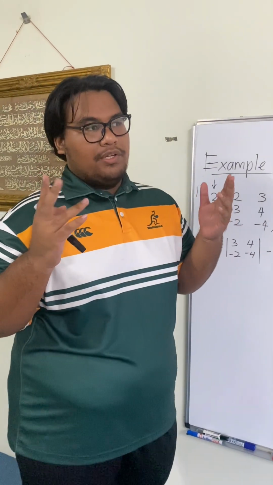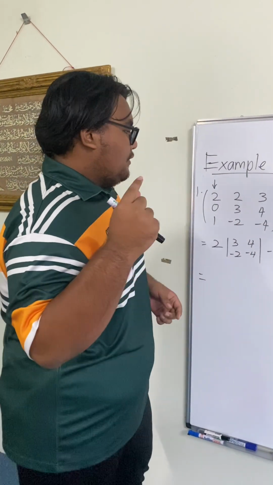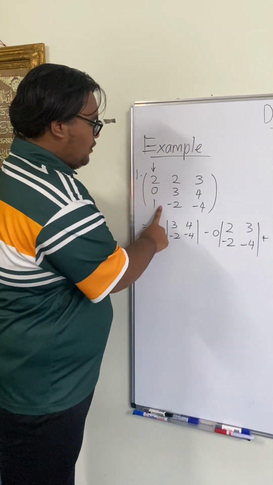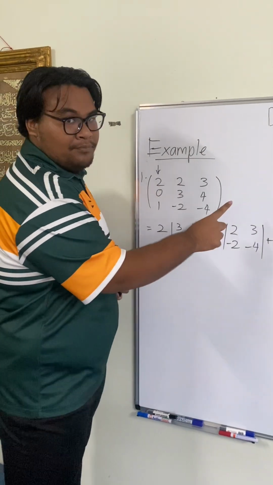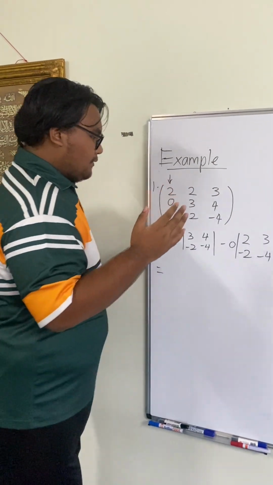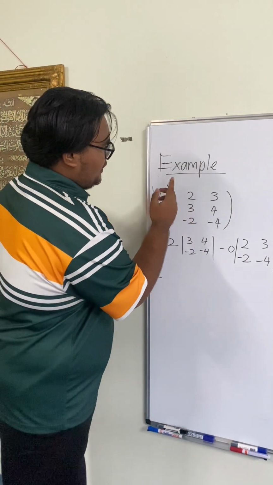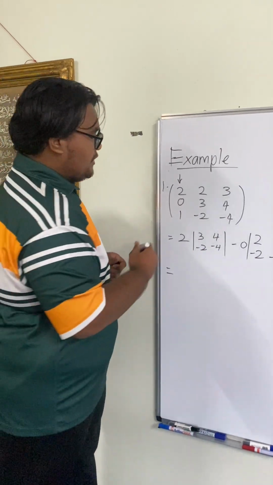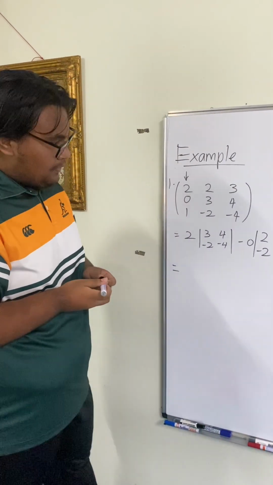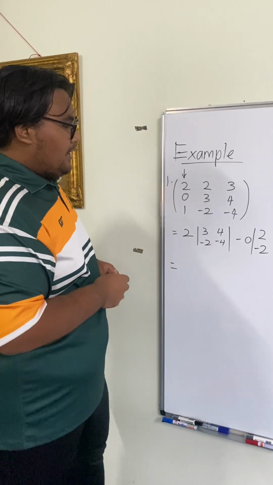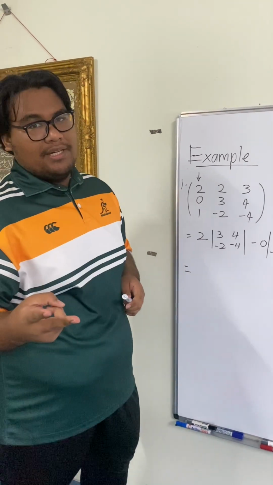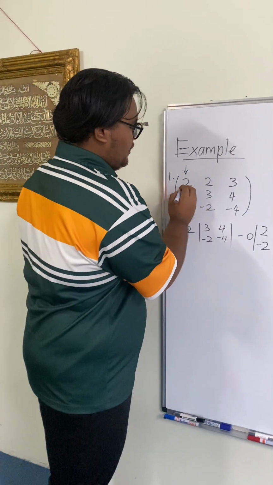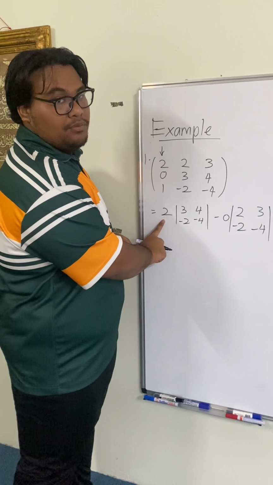What you need to do as the first step is to choose whether it's a row or a column. In this case, I choose the first row, which is 2, 0, and 1. The second step: you see the first number is 2, so you write down 2.